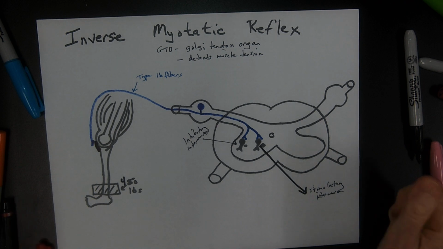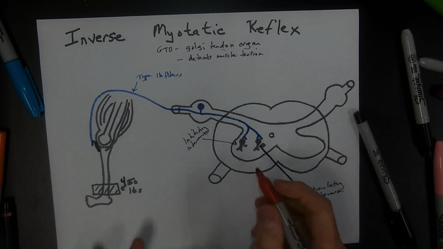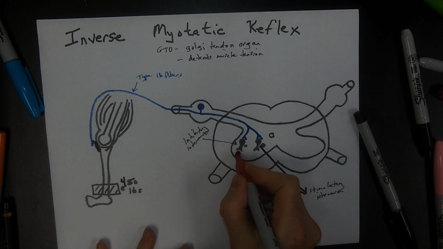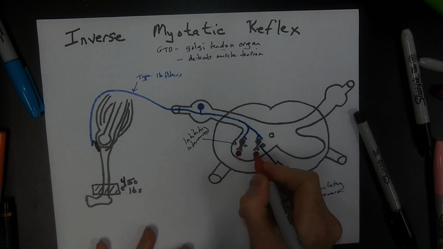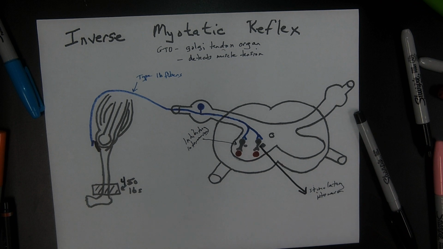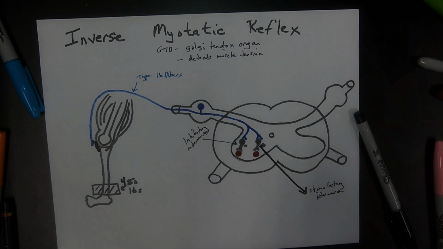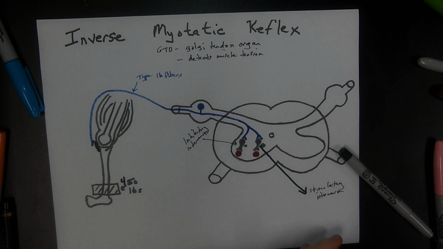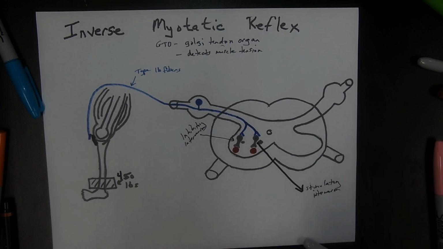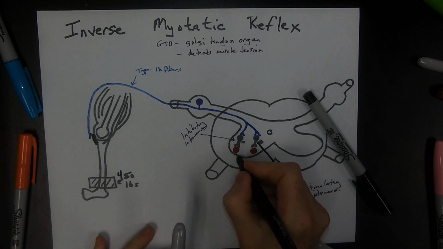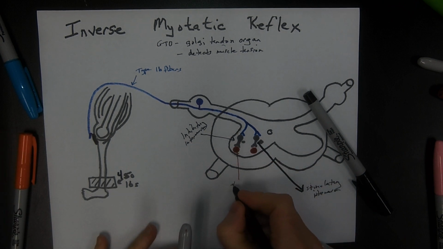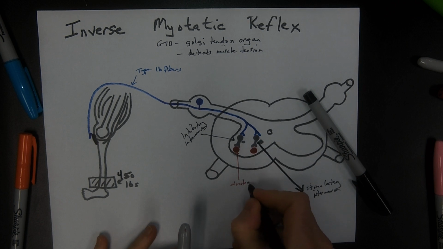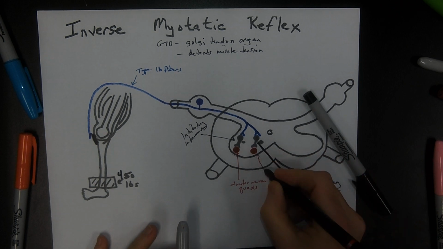And again, we have neuronal cell bodies, or the alpha motor neurons. In this case, this is going to be the quads, and these are going to be the hamstrings. So this is your alpha motor neuron for the quads, and here's your alpha motor neuron for the hamstrings.